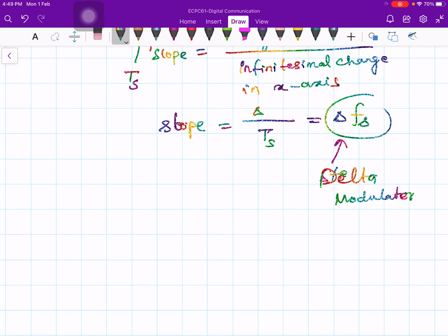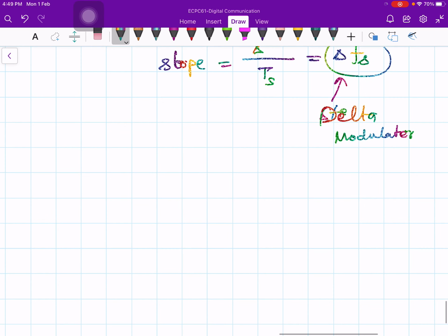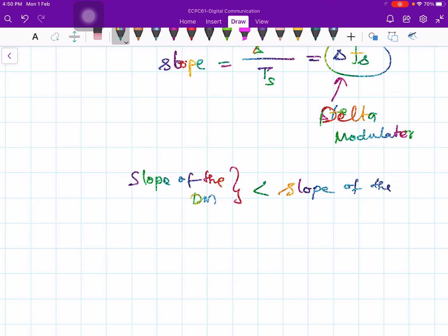So we are assuming here that we are working in the absence of slope overload distortion. We are working within the limits of the slope overload of the delta modulator. Therefore, the slope overload will be avoided when the slope of the delta modulator is greater than the slope of the message signal m of t.